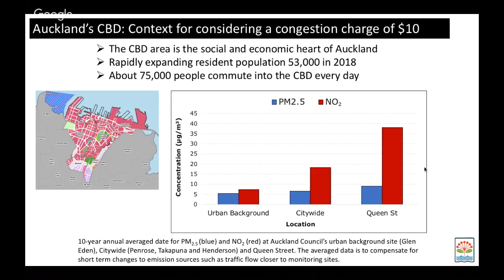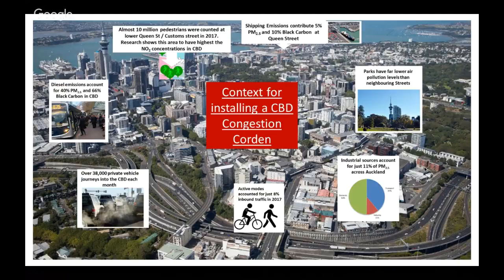This slide is on the context of installing a $10 congestion charge. A little more information about shipping emissions contributing 5% of PM2.5 and 10% of black carbon at Queen Street, and the fact that industrial sources account for just 11% of PM2.5 across Auckland.